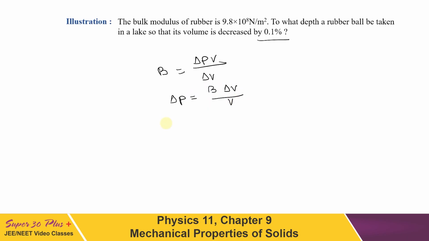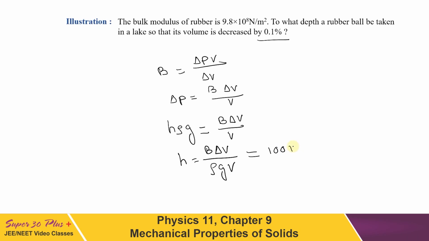Now at depth H, the density of water, if it is rho, then we can write delta P to be equal to H rho G. So H rho G will be equal to B delta V upon V. From here we got H to be equal to B delta V upon rho G V. On substituting all the numerical values, it will come out to be 100 meter.